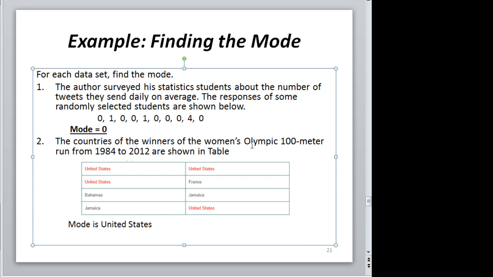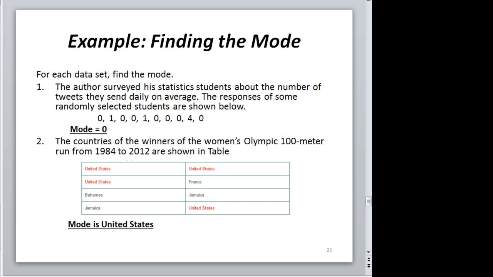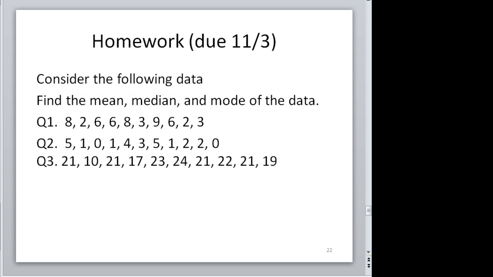Now let's say this is women's Olympic 100-meter run between 1984 and 2012. I guess United States has the most frequency. Then in that case, mode is going to be the United States. Remember, it doesn't have to be the numerical data point. It doesn't have to be the number, basically.